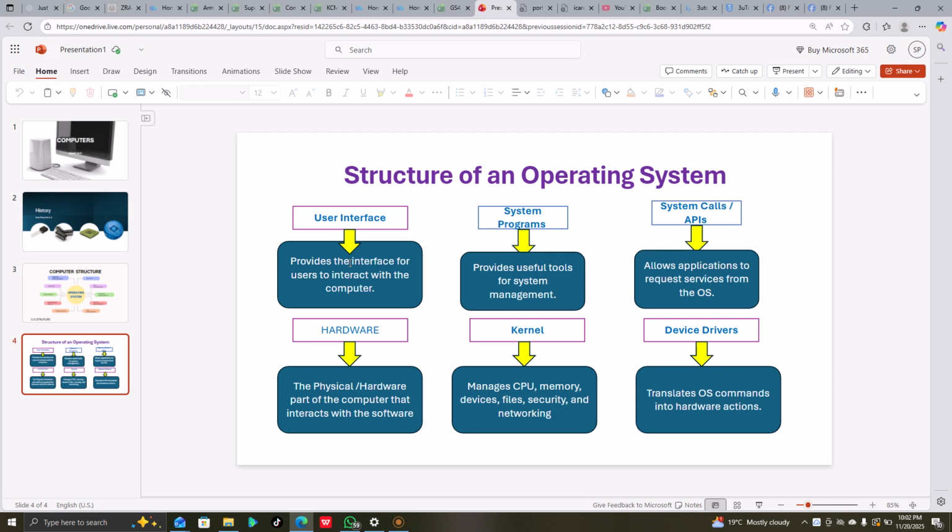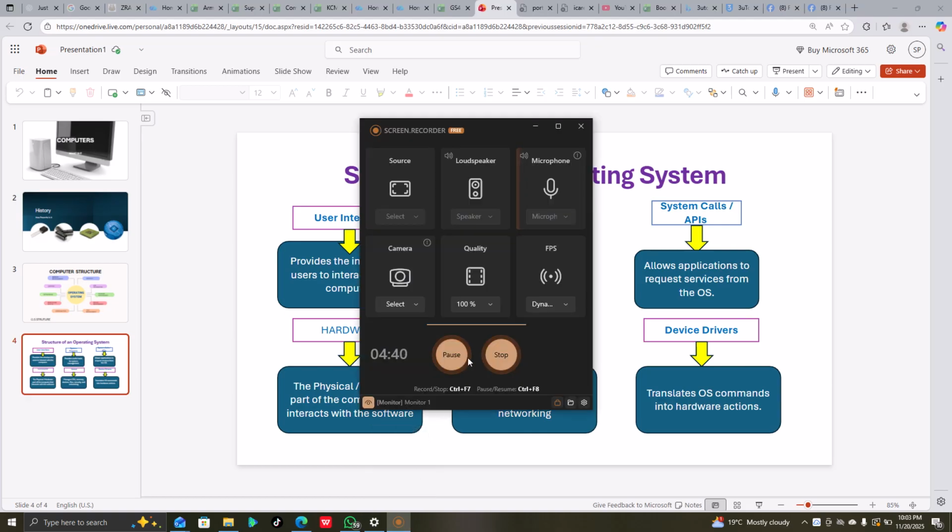For example, when you press a button, that information is sent and then a response is given. System calls help link the user with the computer itself. That is one basic example, but I can explain it further.